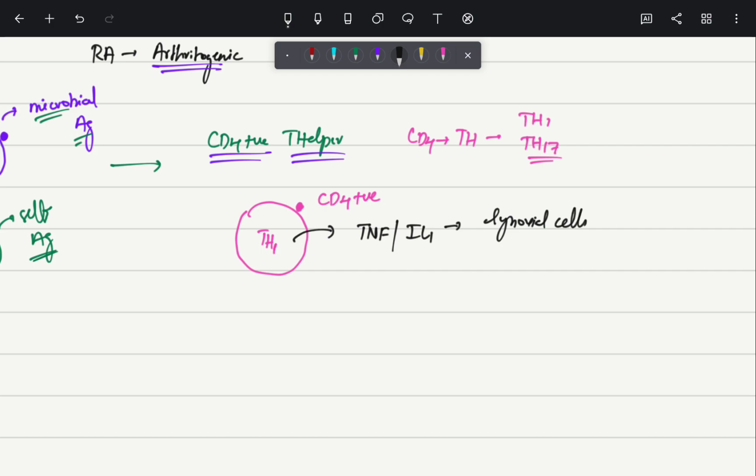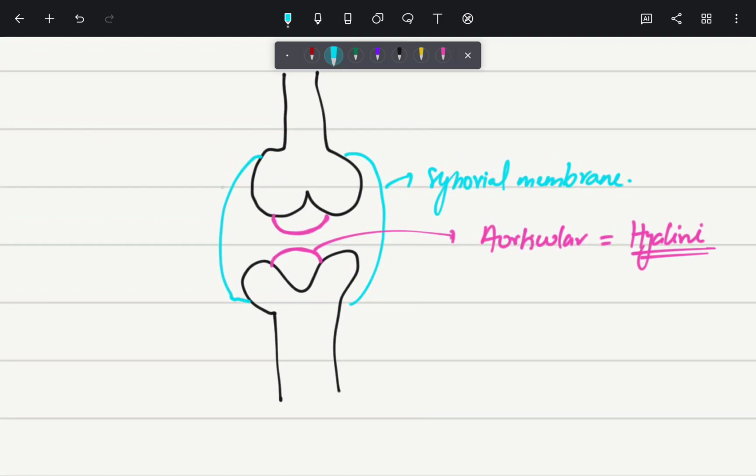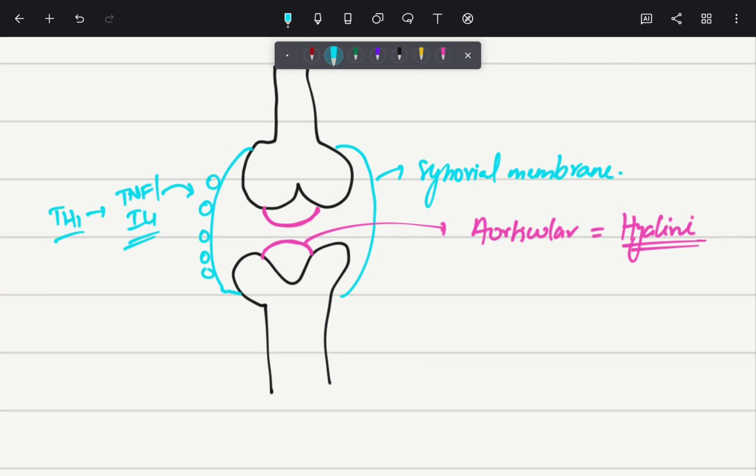I already told you the synovial layer, as you can see here, this synovial layer is going to have cells on it. So the T helper 1 cell will produce tumor necrotic factor and interleukin 1, which will stimulate the synovial cells. That's why tumor necrotic factor antagonists are used in treatment of rheumatoid arthritis.